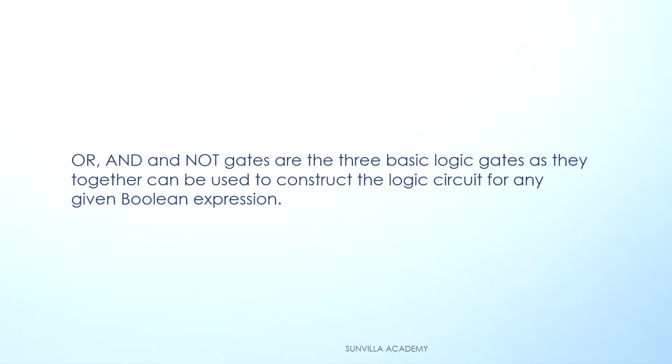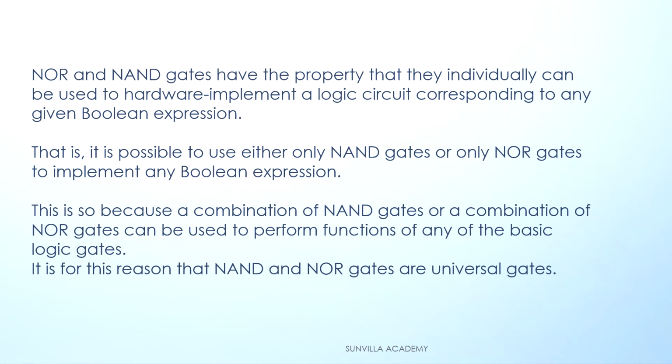AND, OR and NOT gates are the three basic logic gates as they together can be used to construct the logic circuit for any given Boolean expression. NOR and NAND gates have the property that they individually can be used to hardware implement a logic circuit corresponding to any given Boolean expression.